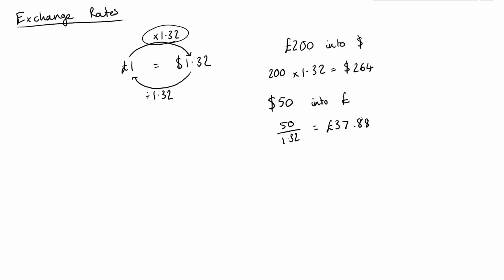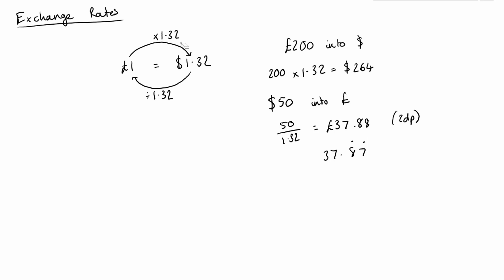Now it's important, this number that's on the calculator currently is 37.87 recurring. When we're working with money, we always want to round to 2 decimal places, because if we have any more than that, we have to have like half of a penny or something like that, which we don't have. Okay, so this is your exchange rates.